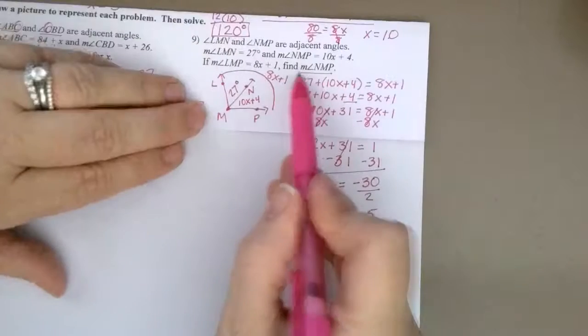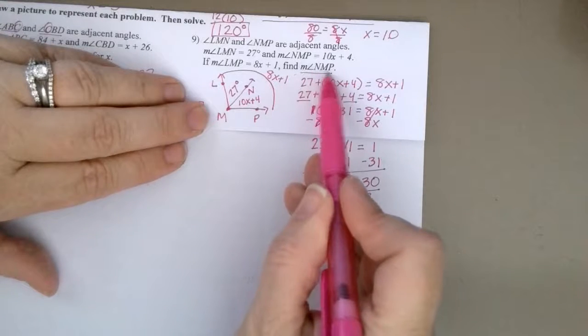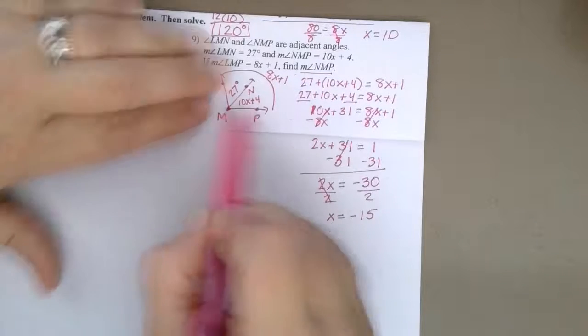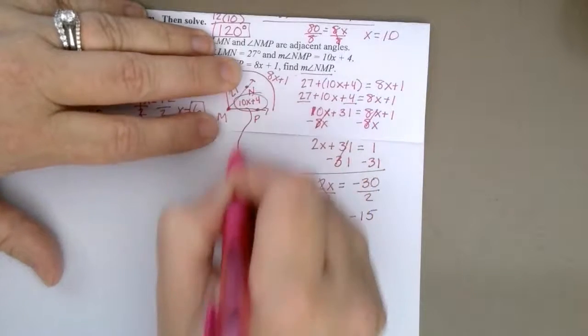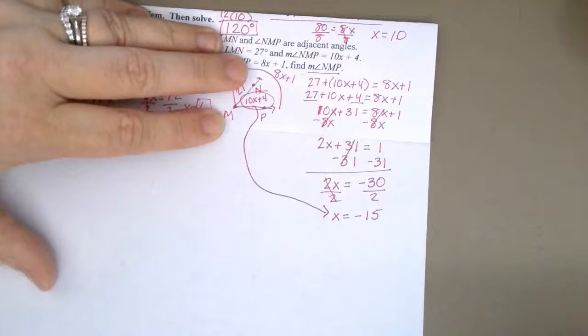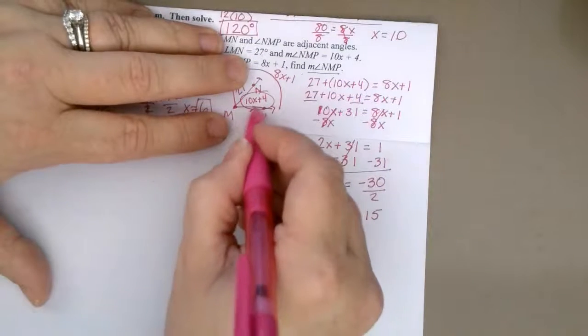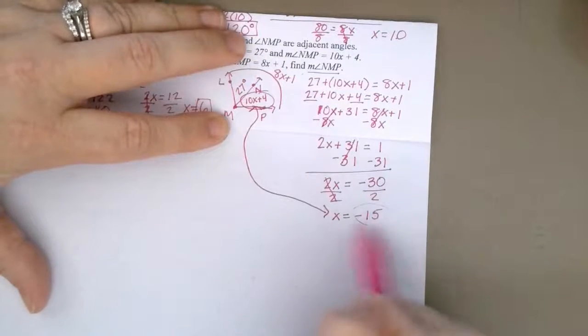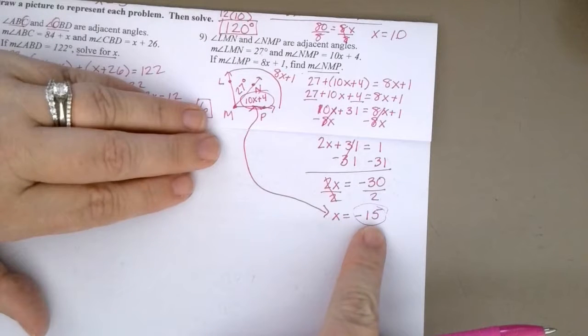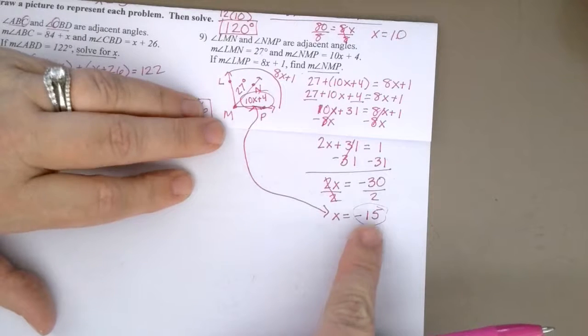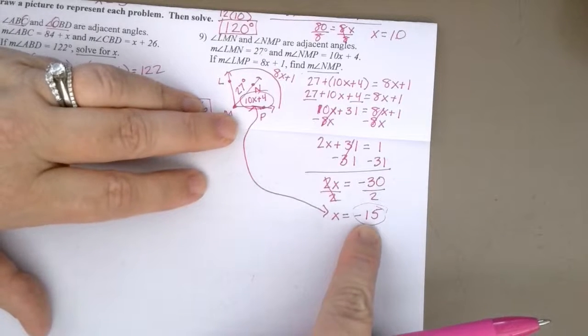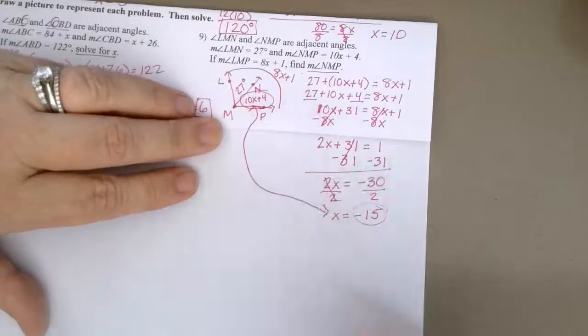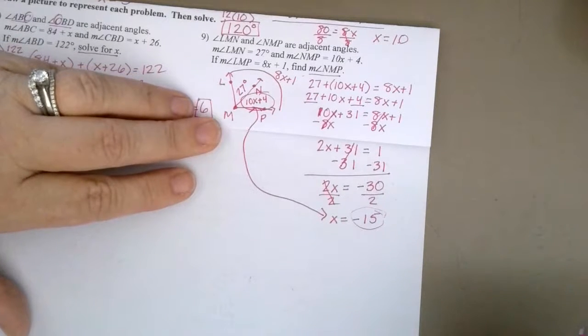Now, find the measure of angle NMP. NMP, that's this guy right here. So I need to plug it in to that one. Now, very quickly, we cannot end up with a negative degree measure. That doesn't make sense. So I'm hoping that when we plug in the negative 15, we may end up with a positive value. Do we?